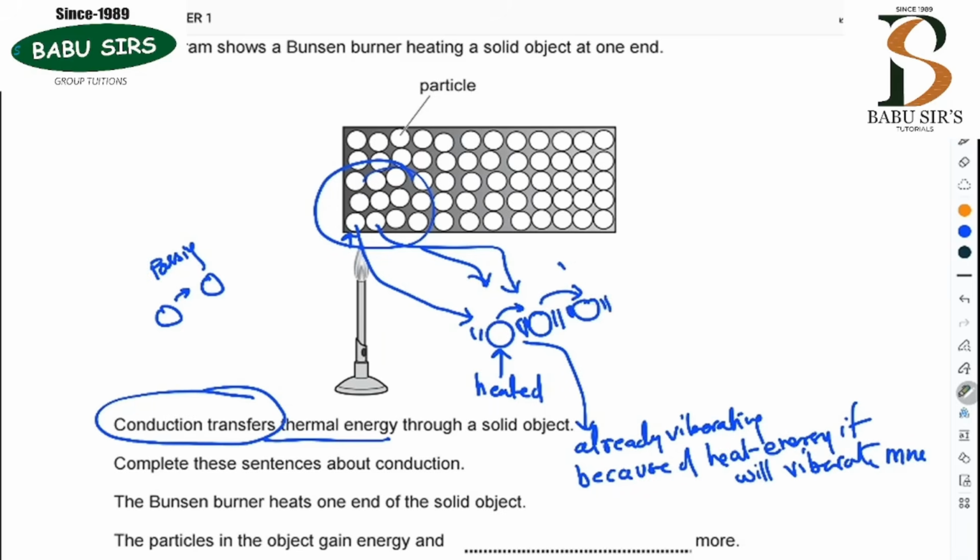Once it vibrates more, heat energy will also be transferred. And heat will be passed on from one particle to another.